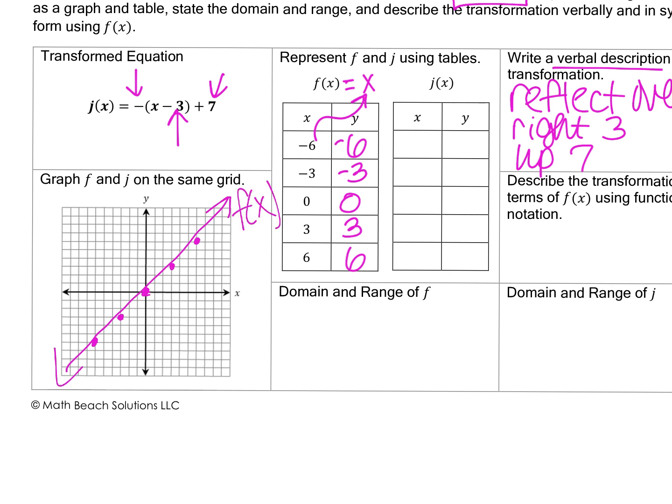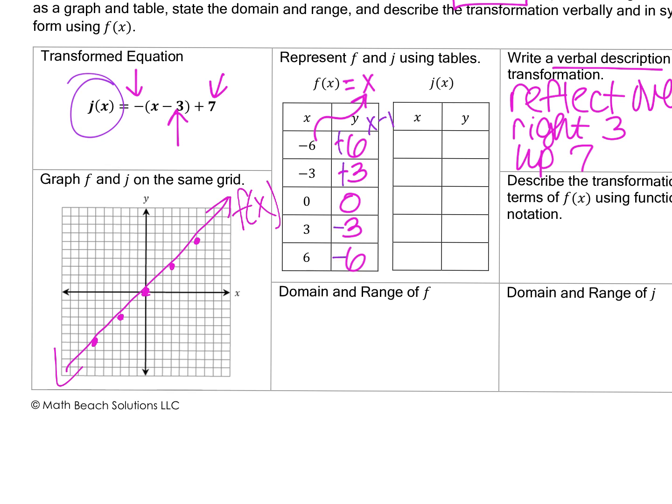So there's f of x. And now we're going to find j of x. They're using different letters. All means the same stuff. So using our transformations, we're going to adjust our parent function table. So remember the negative in front will multiply the y's by negative 1. So remember that changes the sign.